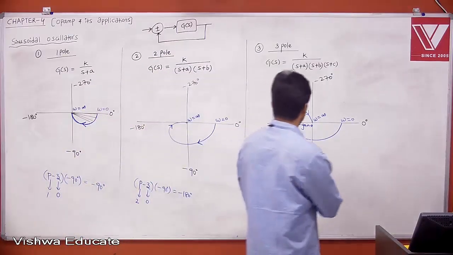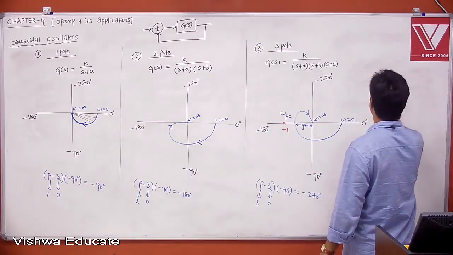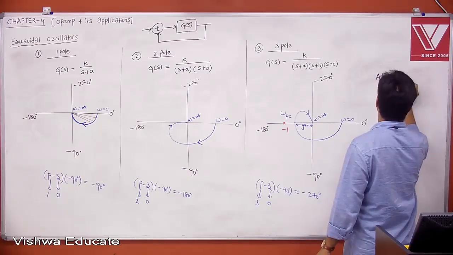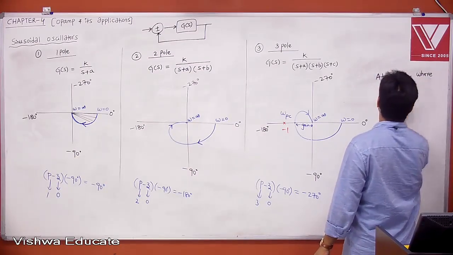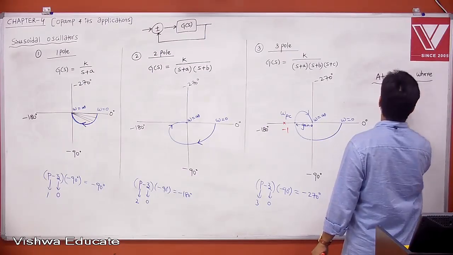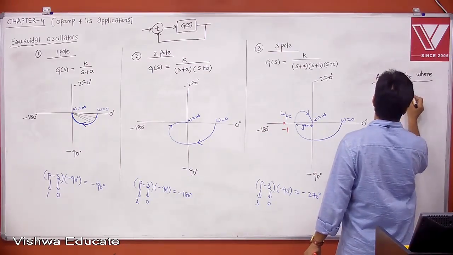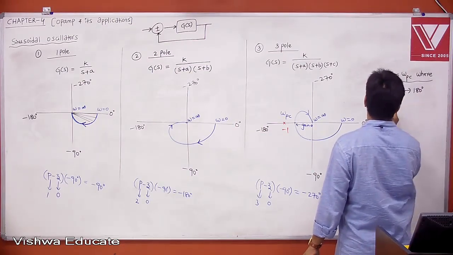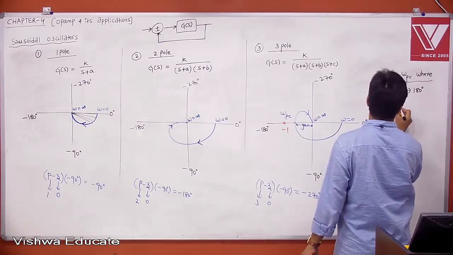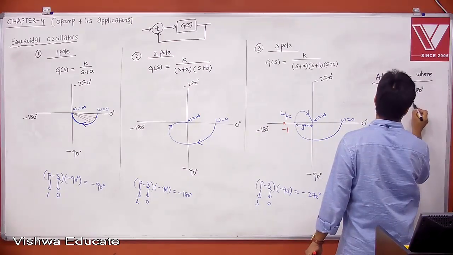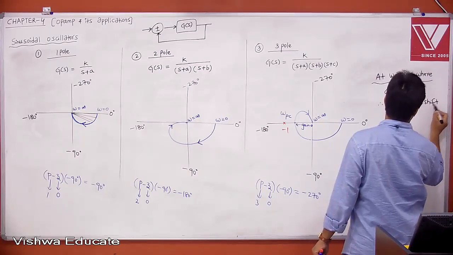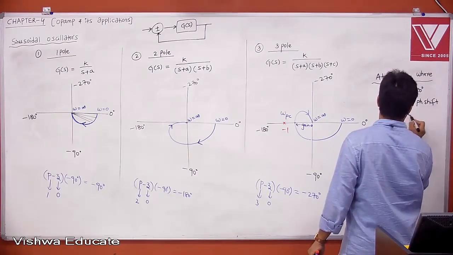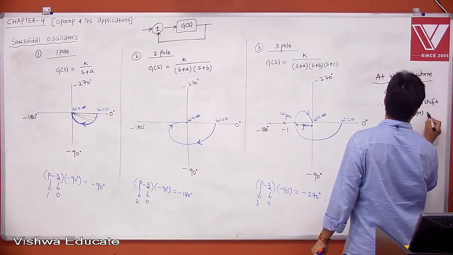Therefore, if I summarize, at omega equal to omega PC, where G of S is providing 180 degrees phase shift, the total loop phase shift is 0 degrees or a multiple of 2 pi.